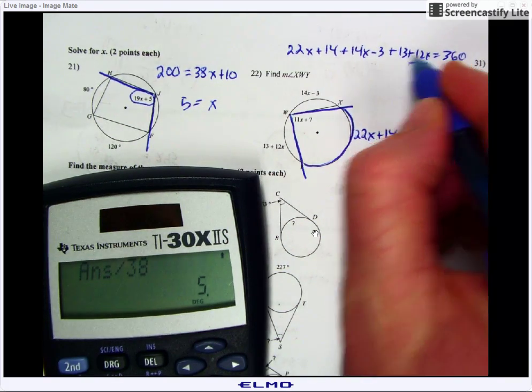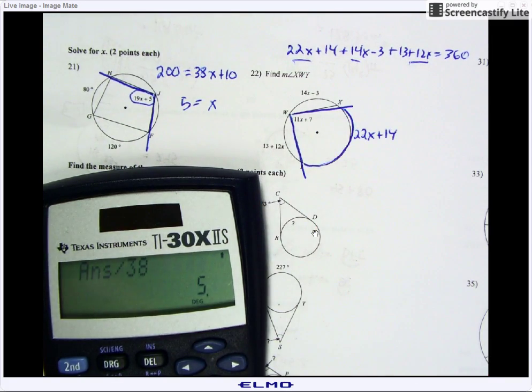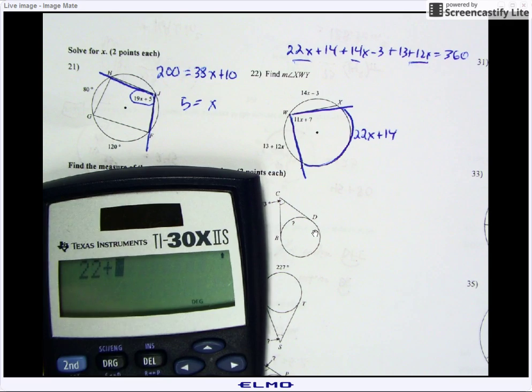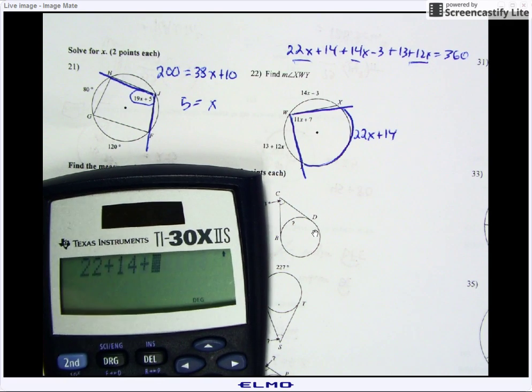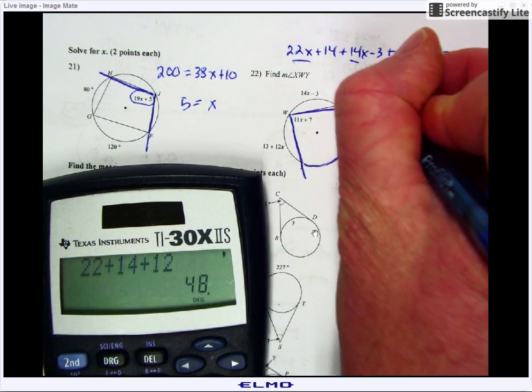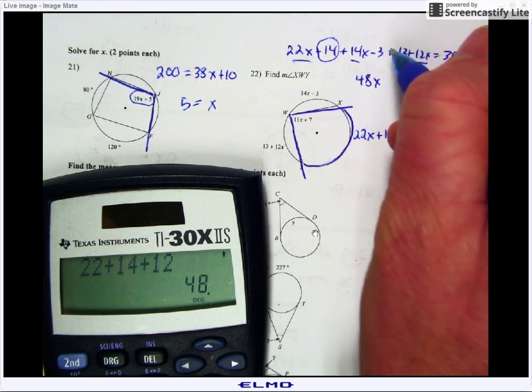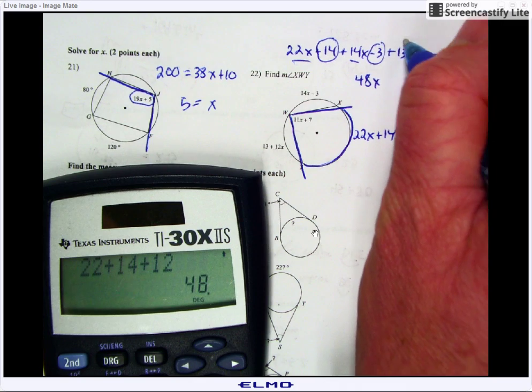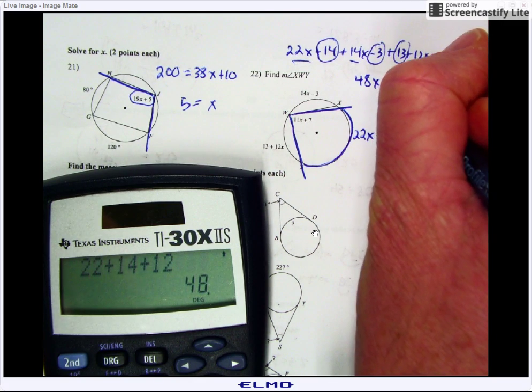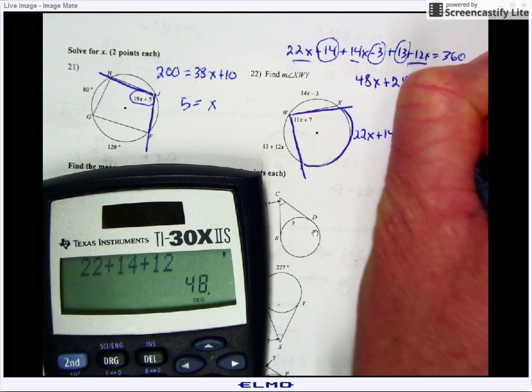So I'm going to combine my like terms. 22 plus 14 plus 12, 48x. 14 minus 3 is 11, 24. So 48x plus 24 equals 360.